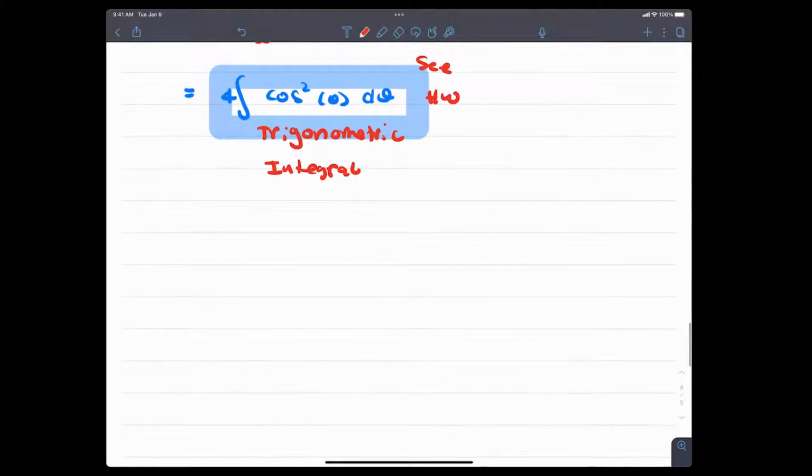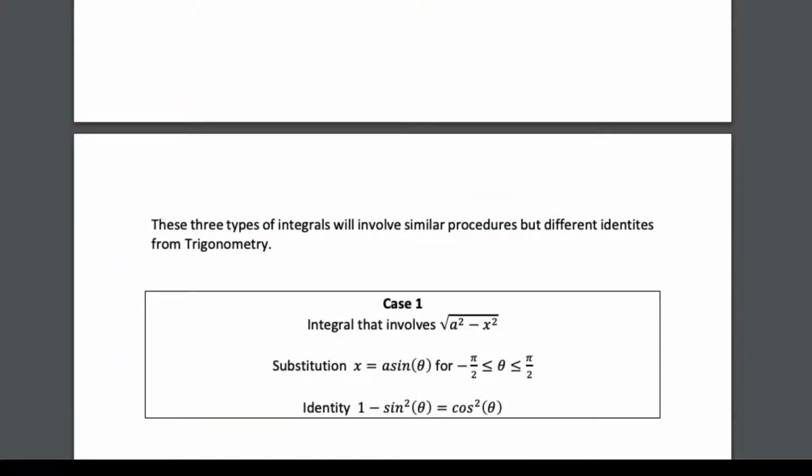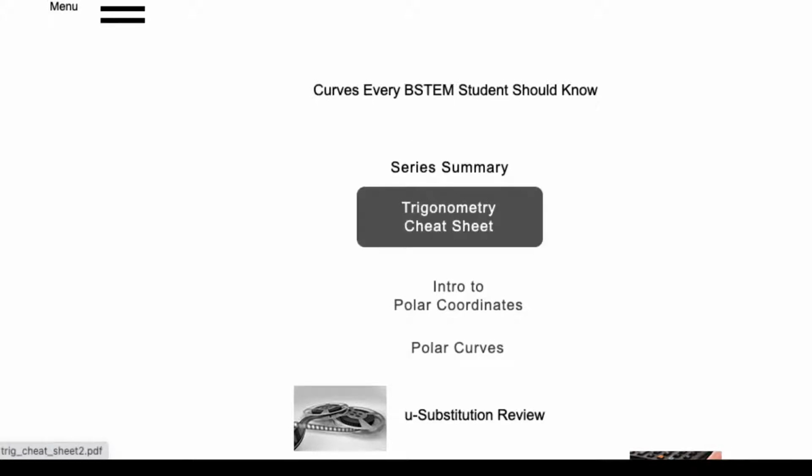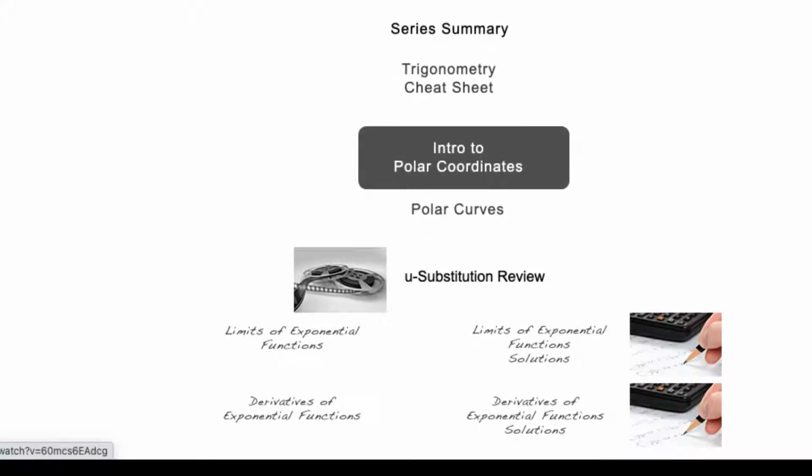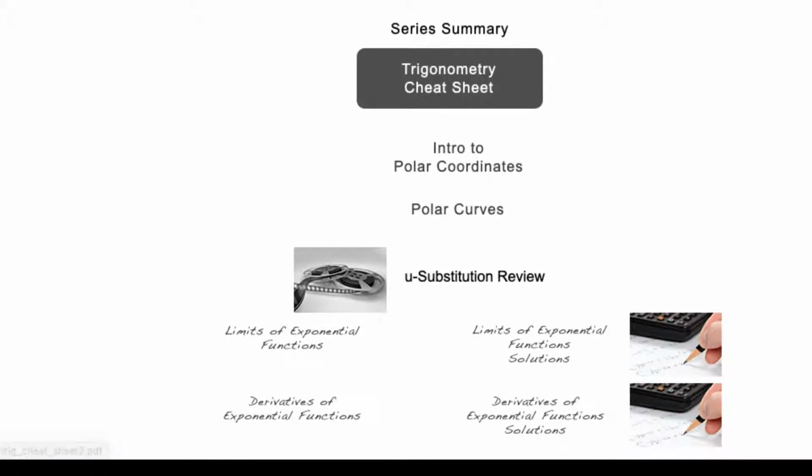So kind of remind people, how do you integrate this? If you guys remember, you go back to that identity sheet, I guess. All right, let's go back here. Go, calculus worksheets, videos. Where's the trig identity sheet? There we go, trig cheat sheet.